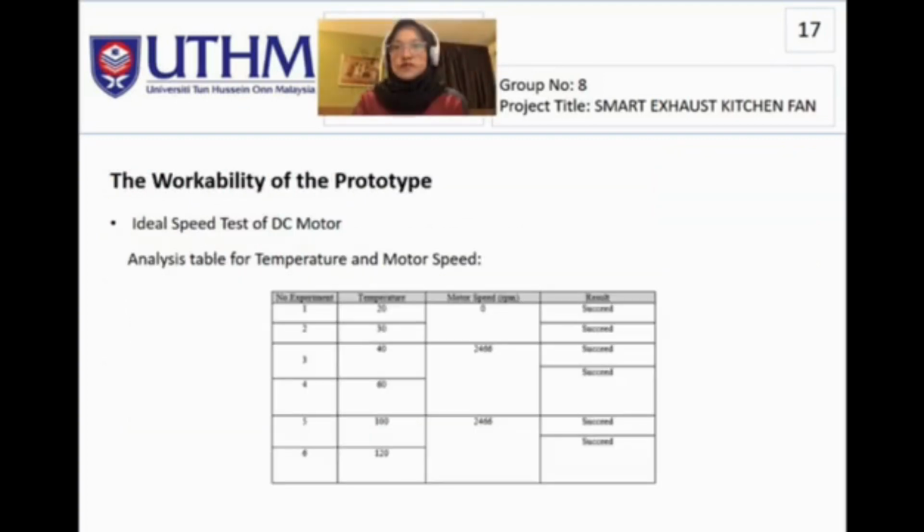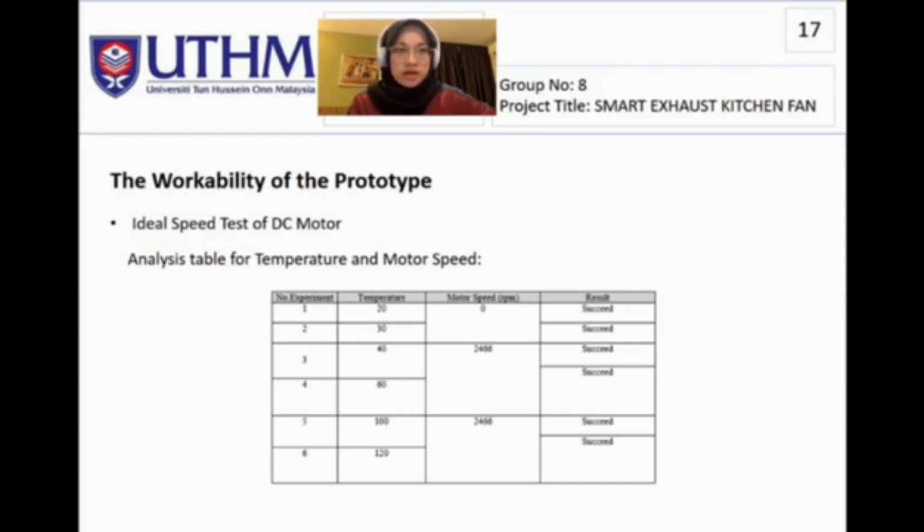Okay, next for the workability of the prototype, this is the ideal speed test of the DC motor. This is the analysis table for temperature and motor speed, and based on the results shown in the table, it can be implemented in the project, where each of the 6 experiments yielded a positive result.